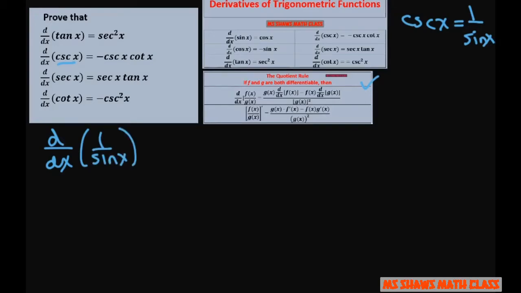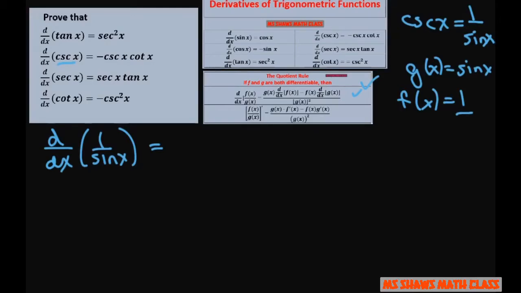And then you just use your formula. So we get, g is going to be sine of x, and f of x is going to equal 1. The derivative of 1 is just 0.